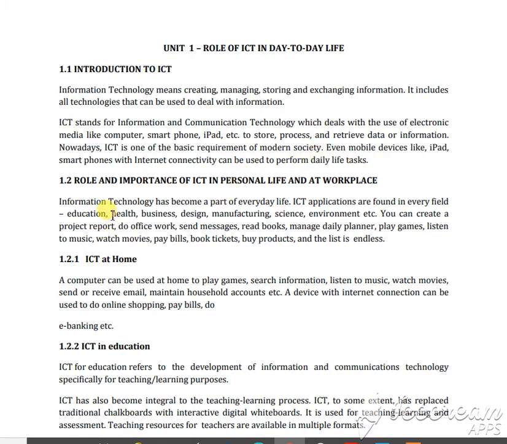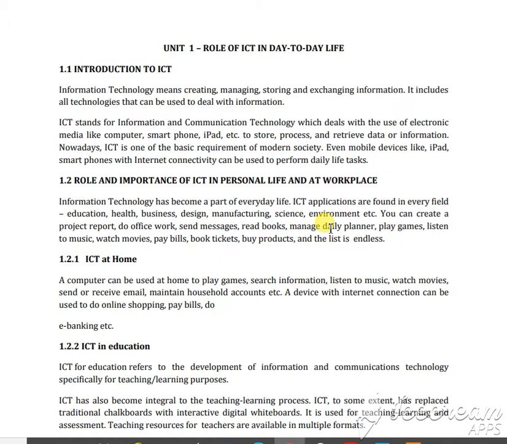Role and importance of ICT in life and at the working place. ICT has become a very important part of our day-to-day life, for our health, education, business, designing, manufacturing, science, for the persons doing research work, for the environmentalist.